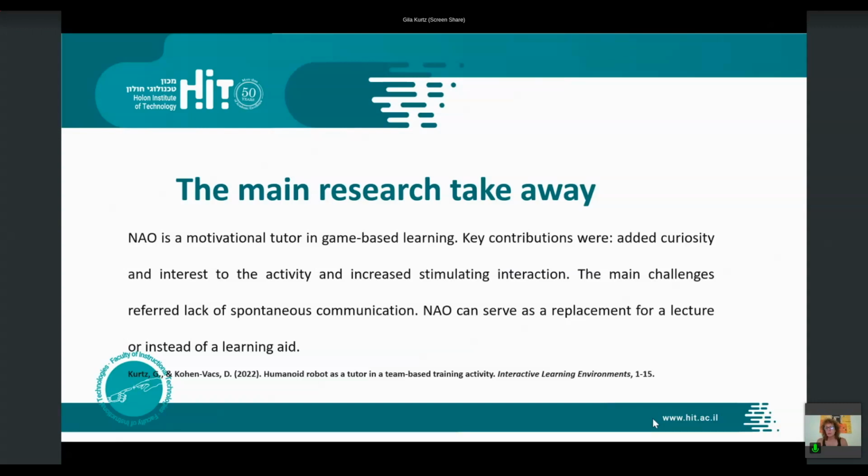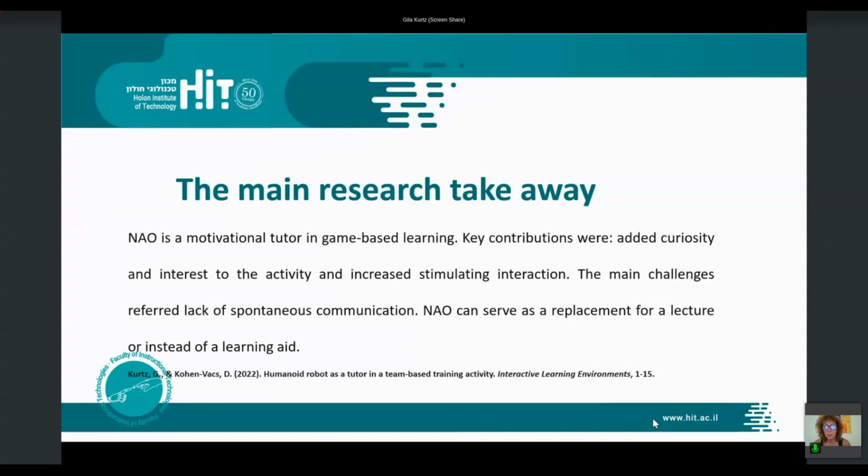But we also knew that the robot can serve as a replacement, not as assistance, as a replacement for a lecturer, or also as a learning aid. And this project is published in one of the best well-known peer-reviewed journals, Interactive Learning Environments.